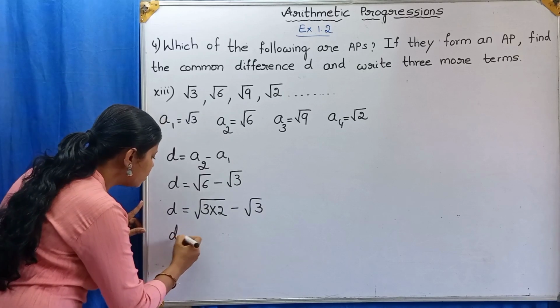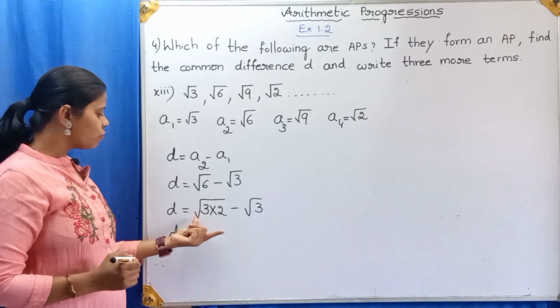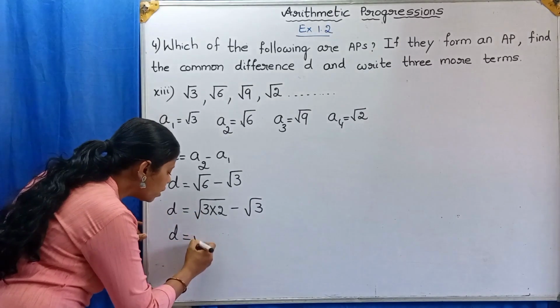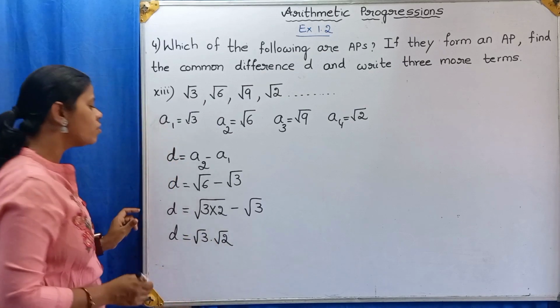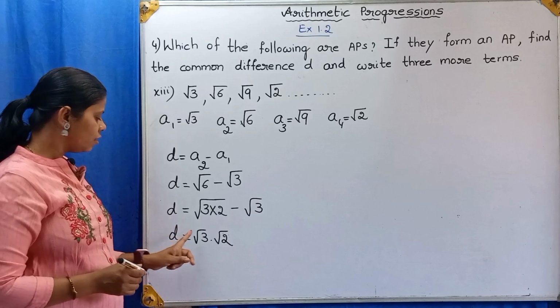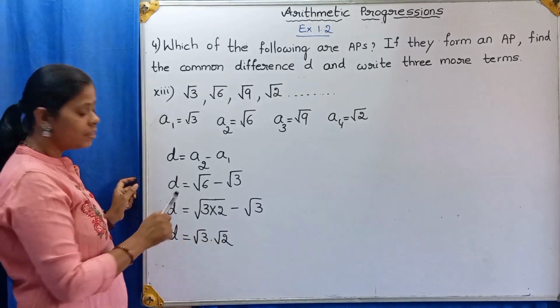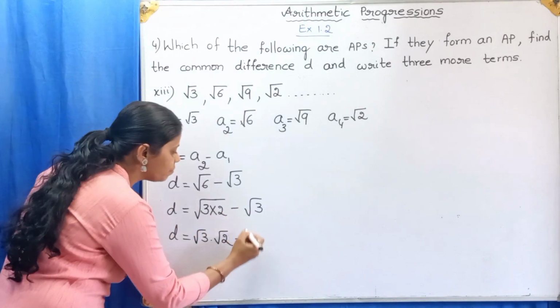Now d is equal to, now just I will split this. This square root of 3 into 2, I will write it as root 3 into root 2, because the value does not change, isn't it? Root 3 into root 2 is what? Root 6. Here, I am just splitting this term. Okay, minus root 3.